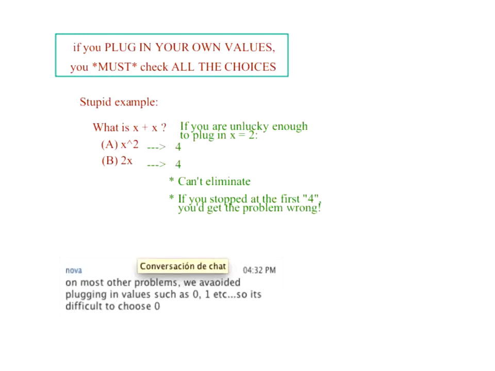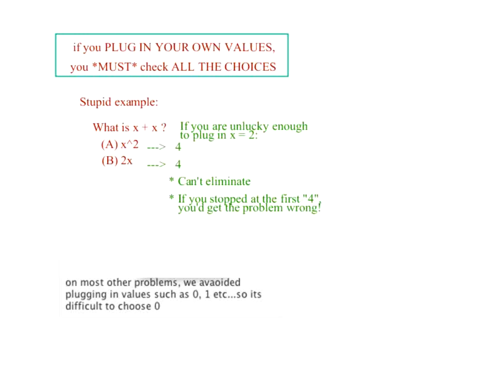On most other problems, we avoided plugging in values such as 0 and 1. And I mean, it's true you did, and the reason why you avoided plugging those values is because those are more likely to lead to coincidences like these. You should not blindly memorize that you should not plug 0 or 1, because that's not a blanket rule.